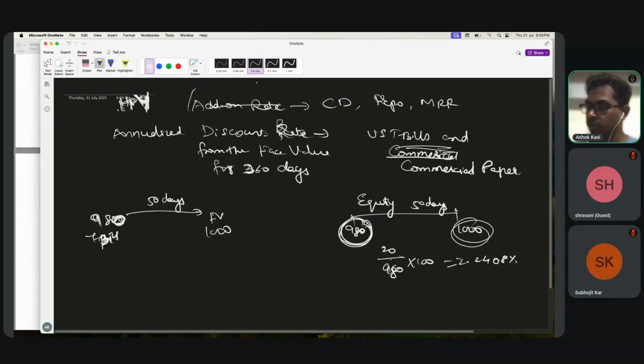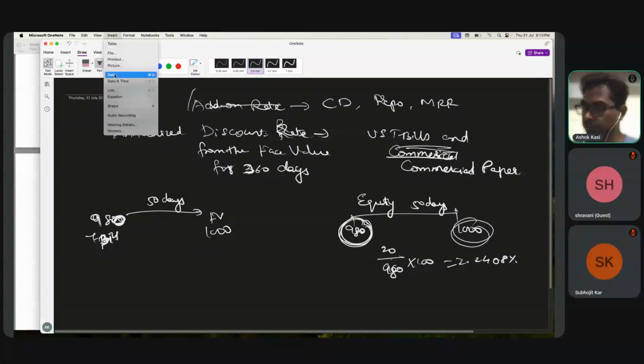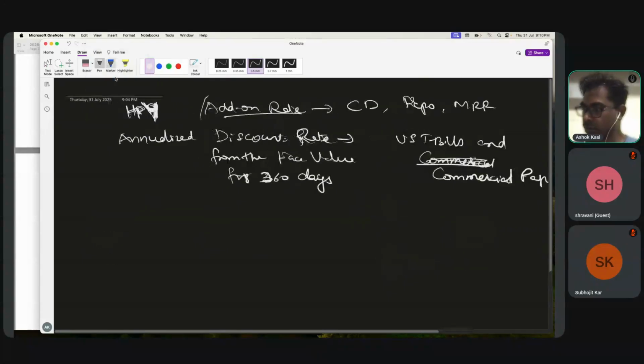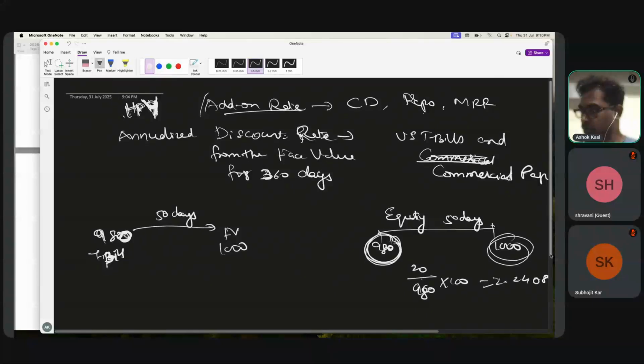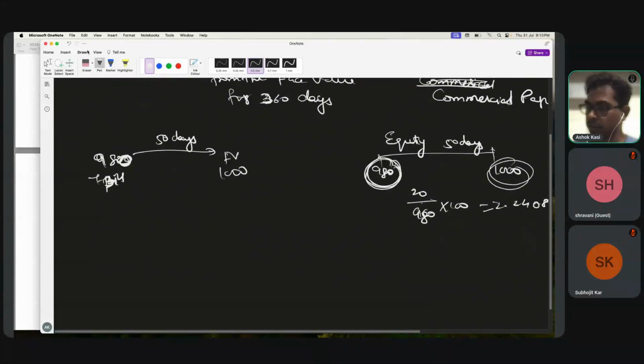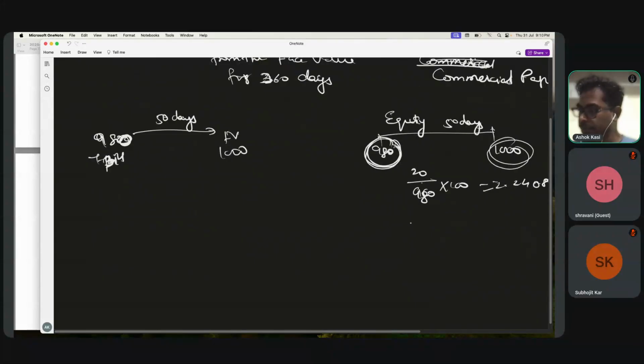Now when it comes to T bill, how will I say? I knew the future value, 1000. Only the present value was changing here.